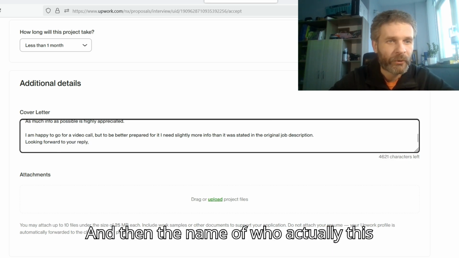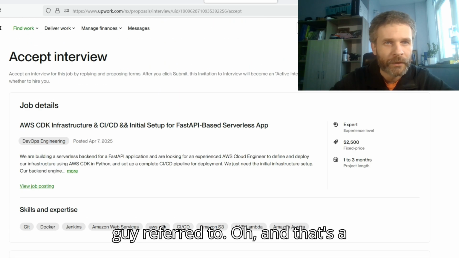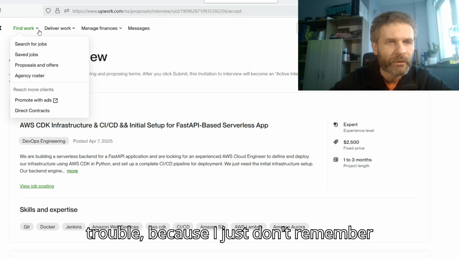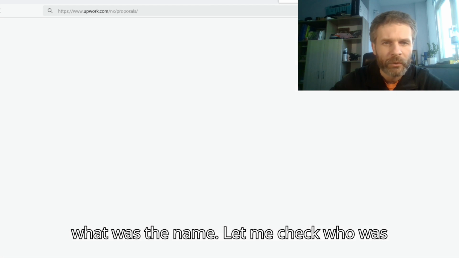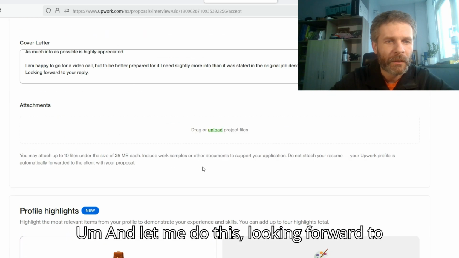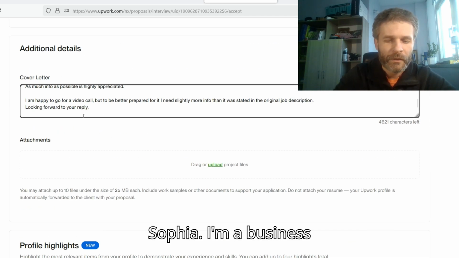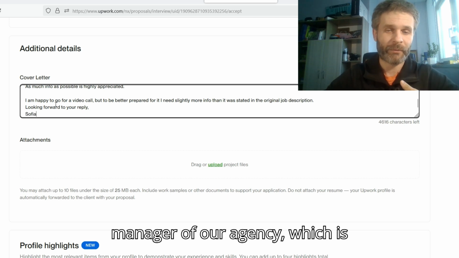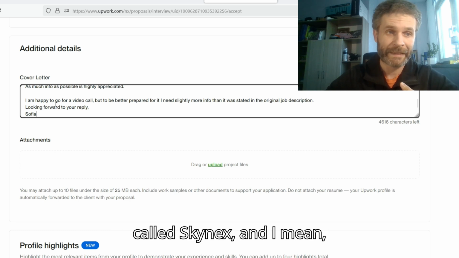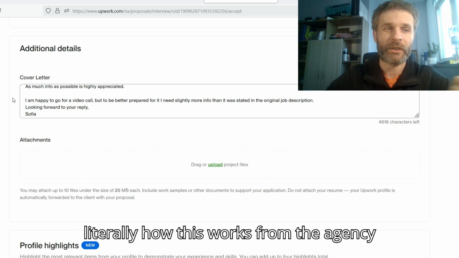And then the name of who this was actually addressed to. Oh, and that's a trouble because I just don't remember what the name was. Let me check who was invited. That was Sophia. And let me do this. Looking forward to your reply. Sophia. I'm a business manager of our agency, which is called Skynix, and I mean literally this is how it works from the agency perspective.